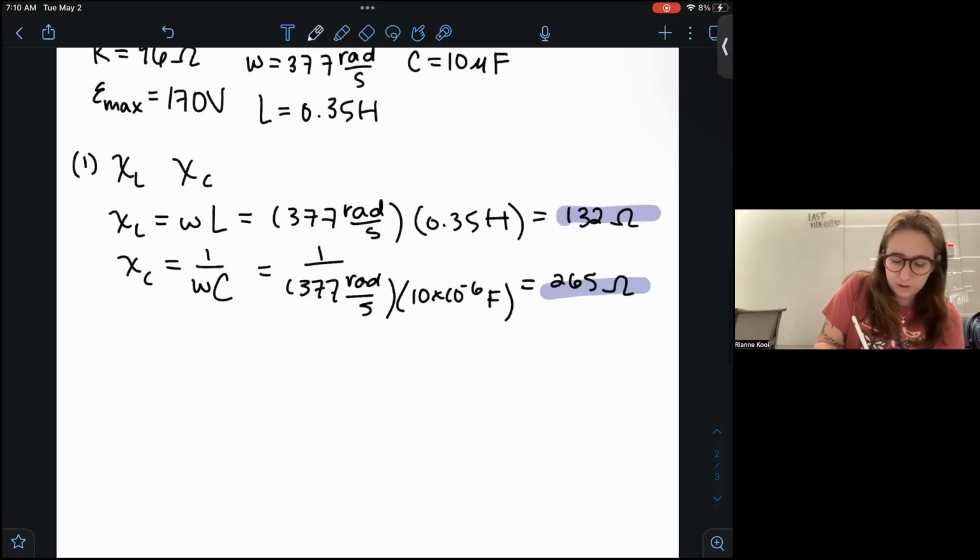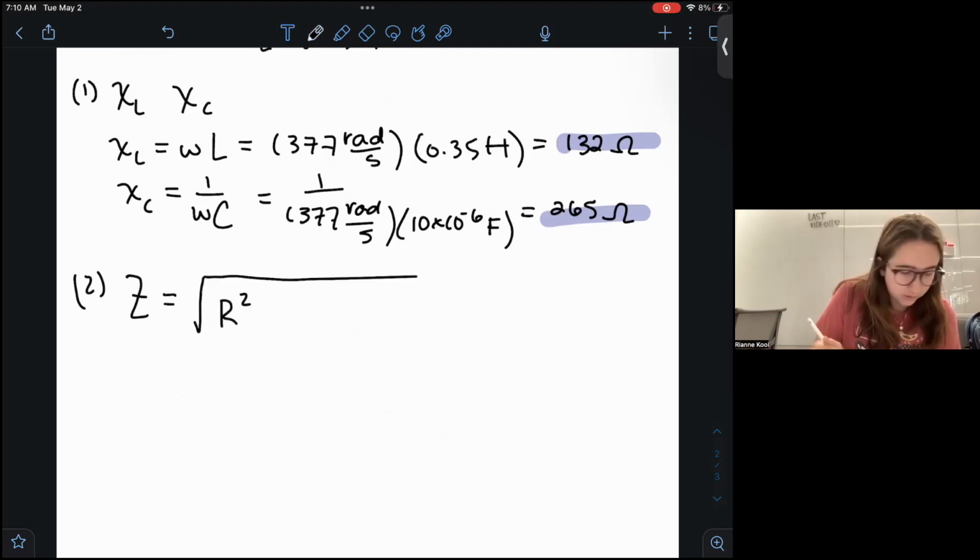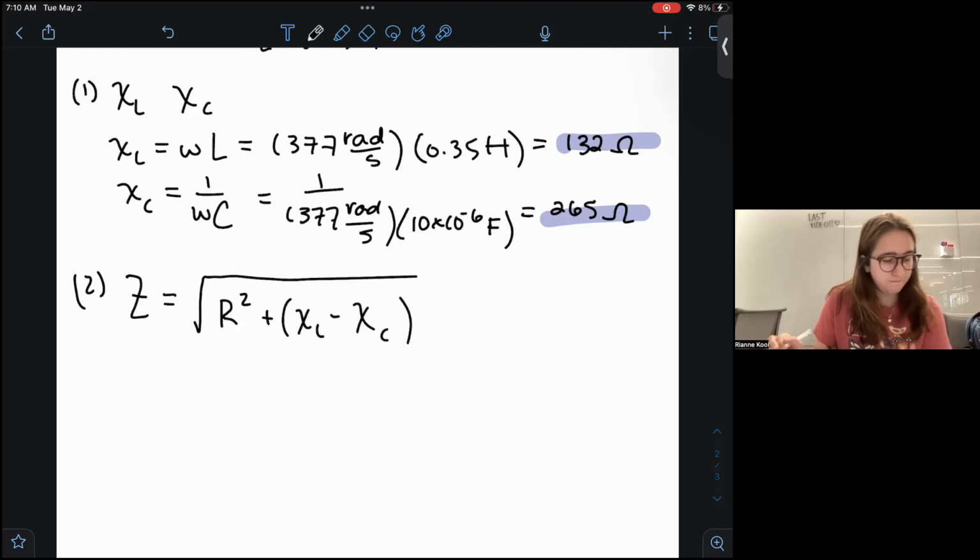Next up, we want to solve for our impedance Z. So our impedance is just the square root of our resistance squared plus chi sub L minus chi sub C squared. So we can just plug in those values.